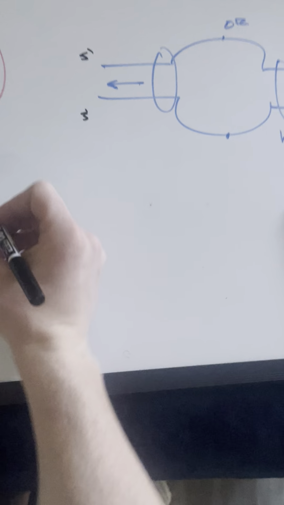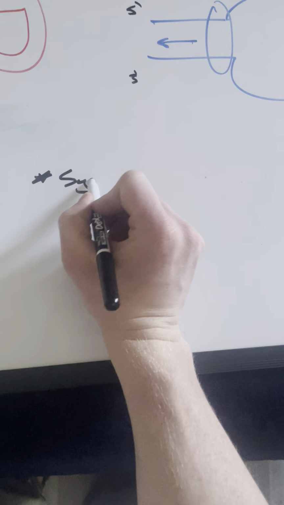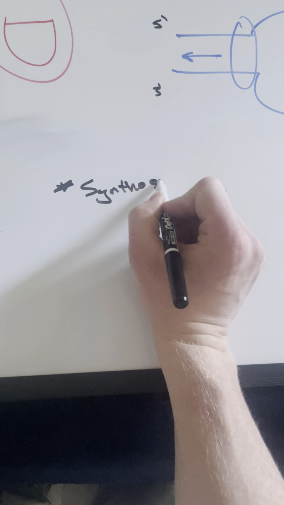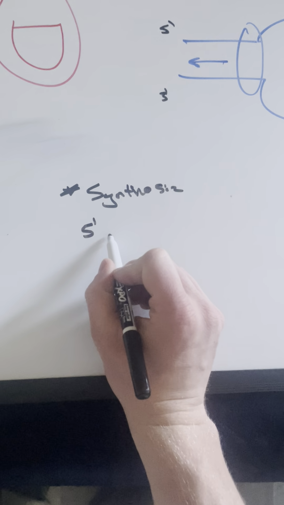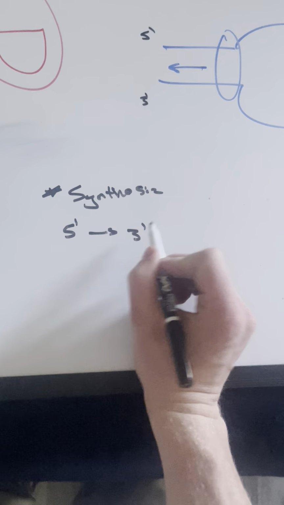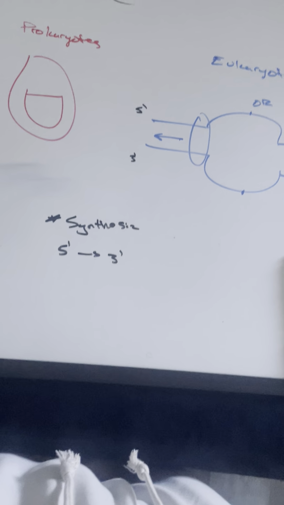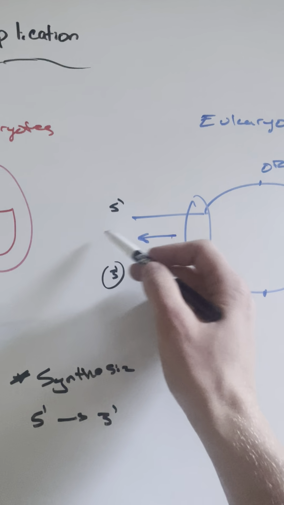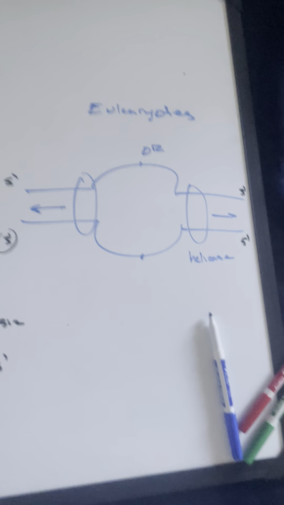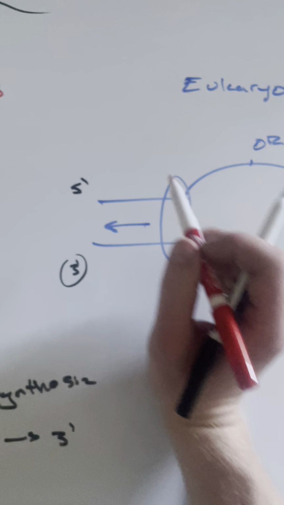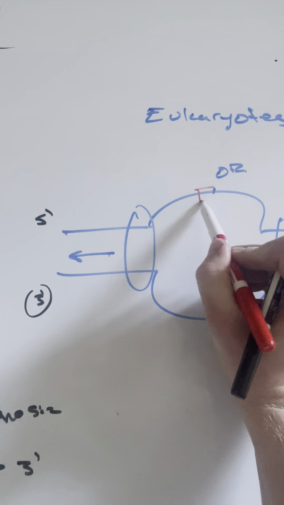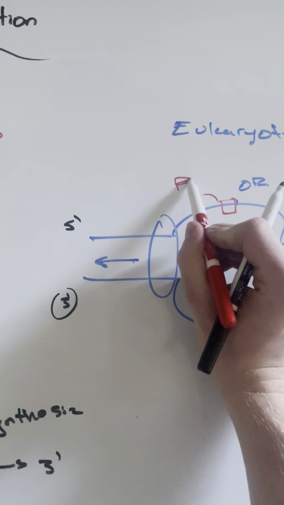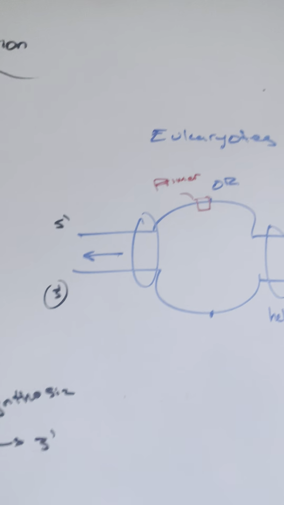And then we are always going to synthesize 5' to 3'. So pretty much we're going to be taking this strand and building a new one right on top of it. So our primer's going to go right here. Primer.